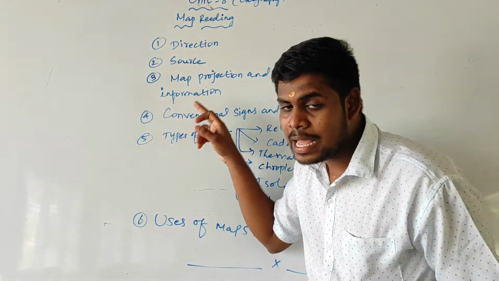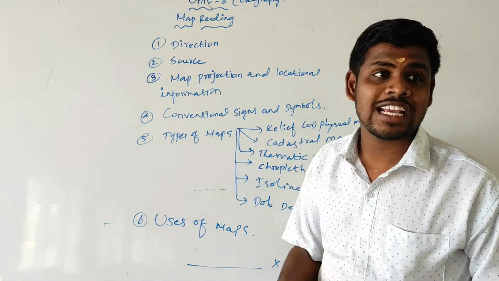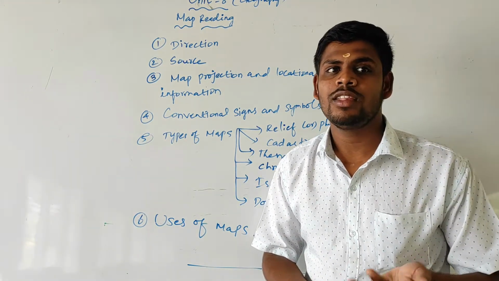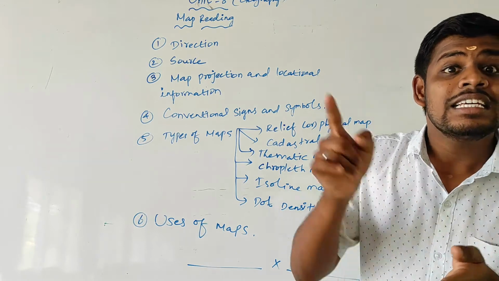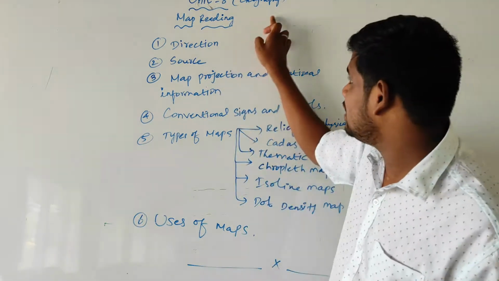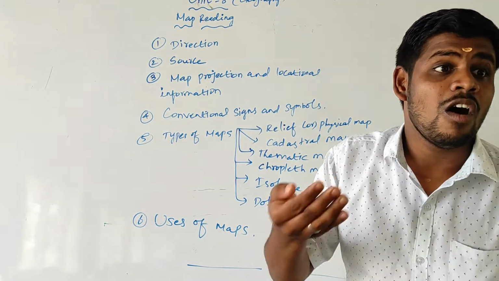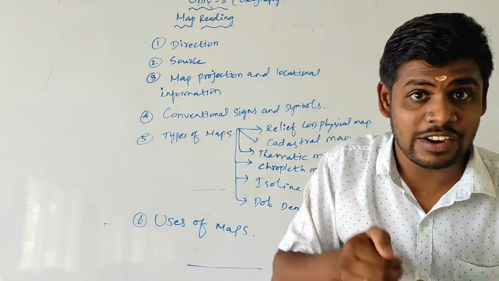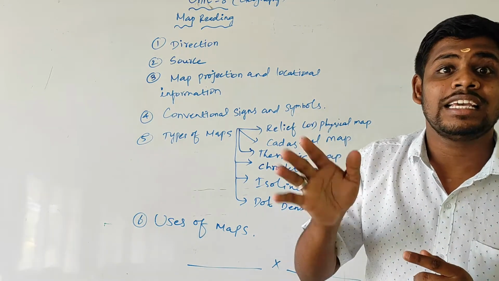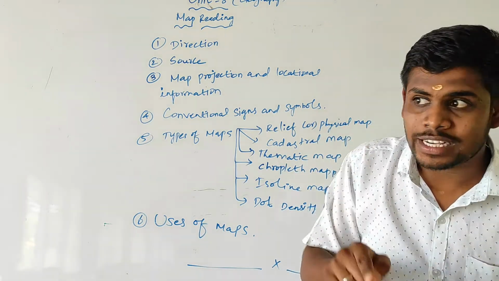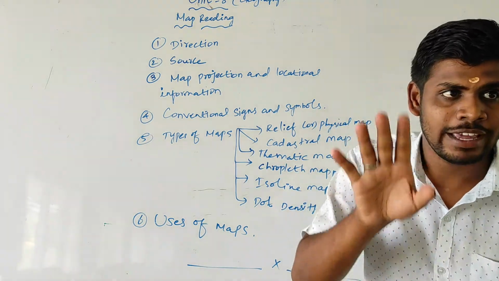Next topic is map projection and location information. A map projection is a way of representing the spherical globe on a flat surface of a map. The curved surface of the earth cannot be shown accurately on the map. Yes or no? Yes.